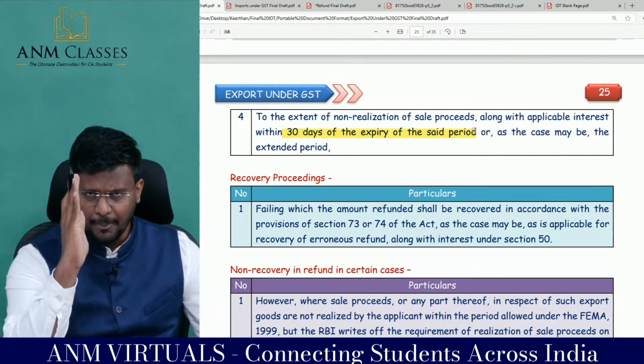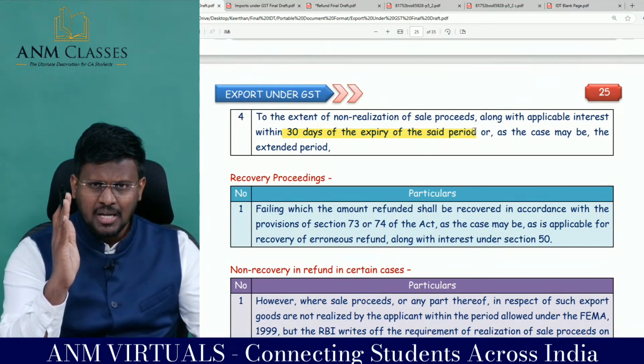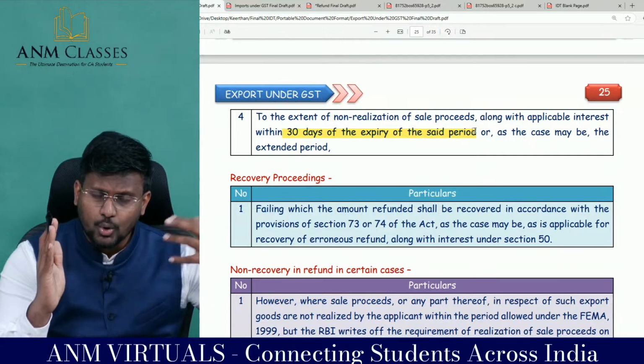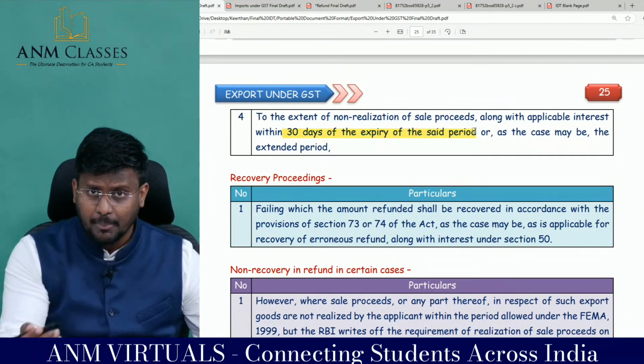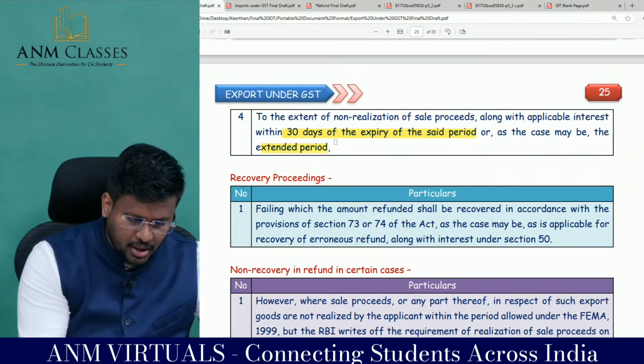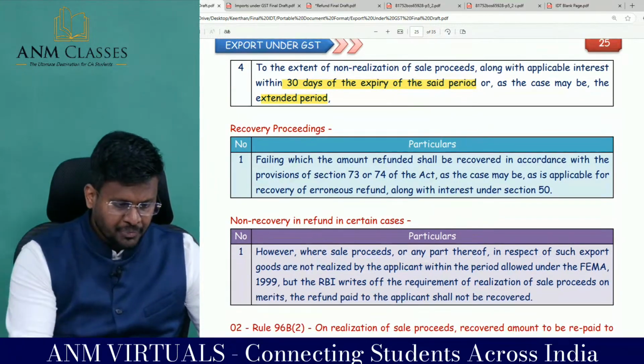That means from the FEMA time limit, within 30 days, whatever refund has been given to you has to be returned back to the government, as the case may be the extended period, my dear lovable students.